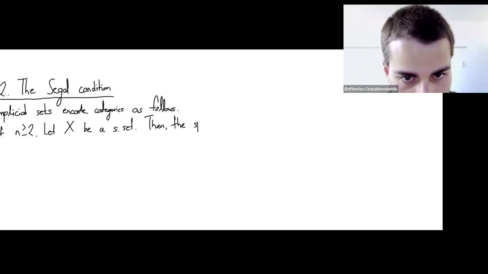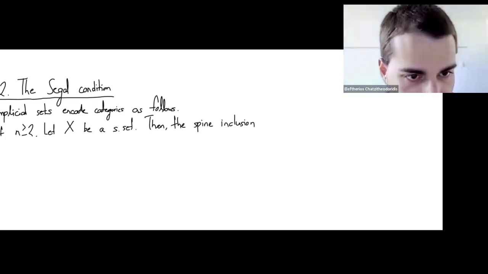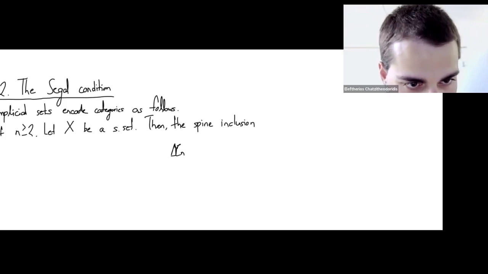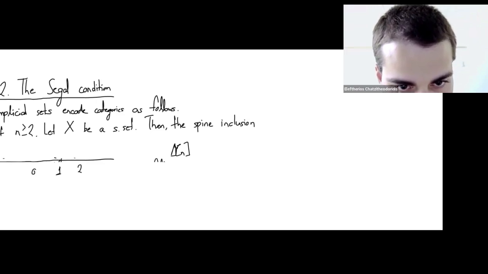You take the standard n-simplex and you include its one-skeleton, or if you want to be more visual, you include the following subcomplex where you just keep the 1-simplices. So you go from 0 to 1, from 1 to 2, and so on, all the way to n minus 1, and then to n.